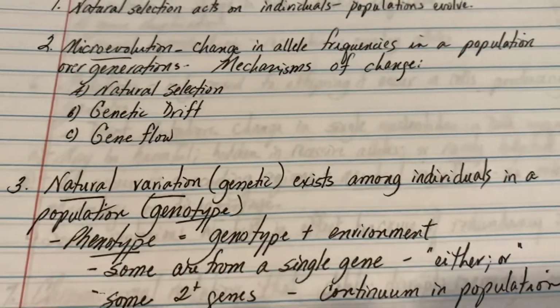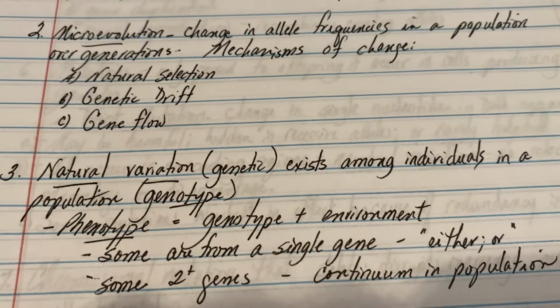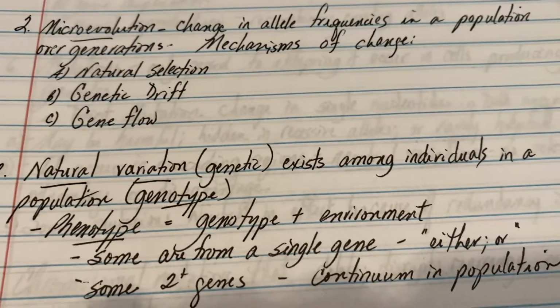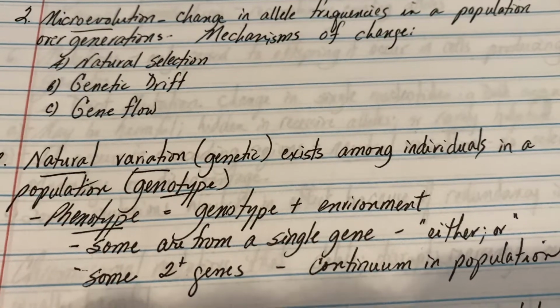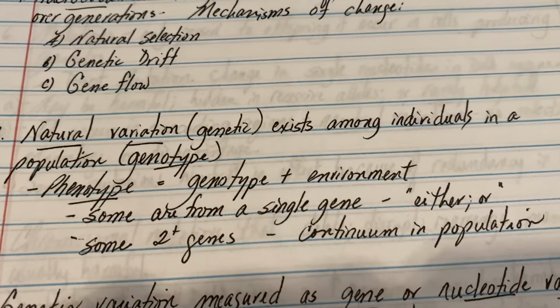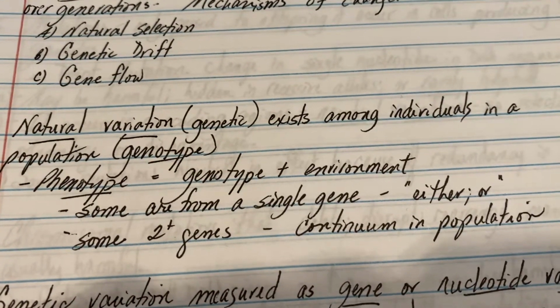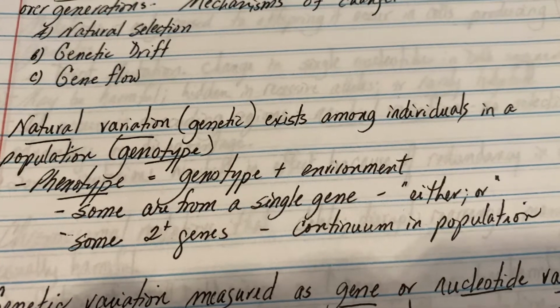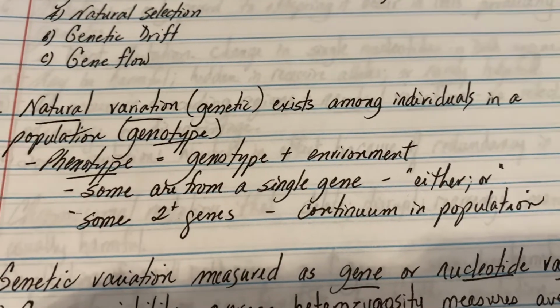We know that there is natural genetic variation in any population if you look at the genotypes of individuals. The phenotype of those individuals, their physical appearance, remember, is going to be a combination of their genotype, their genetics, and the environment that they live in.